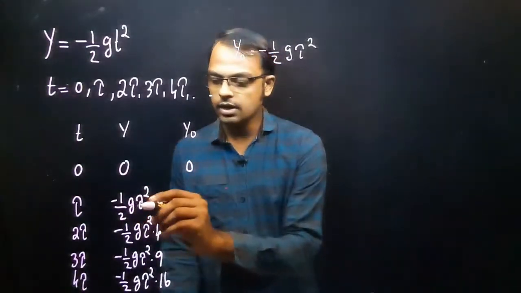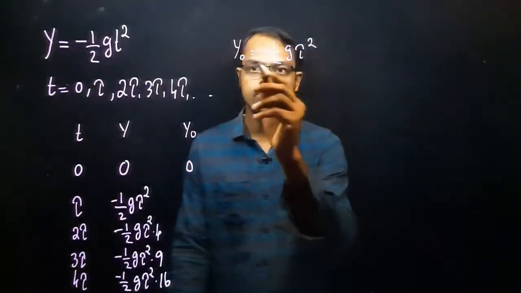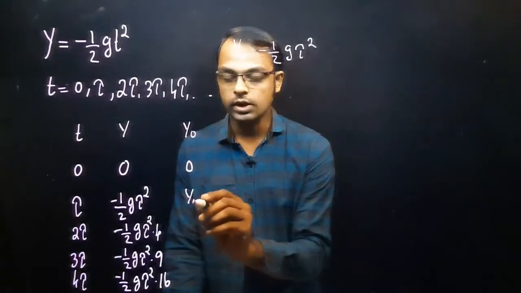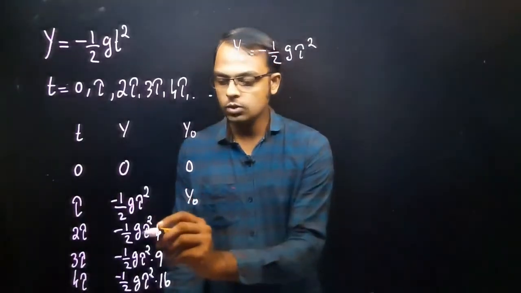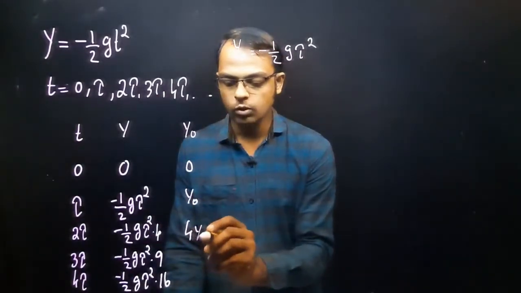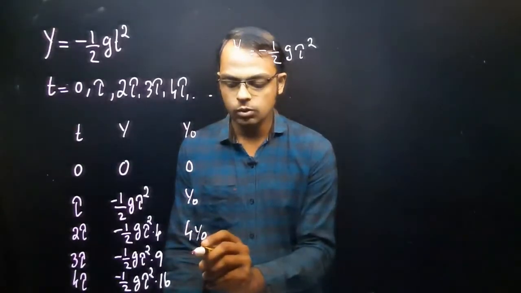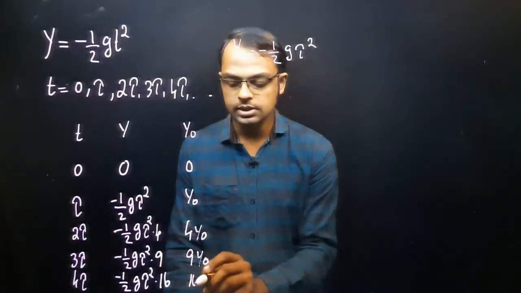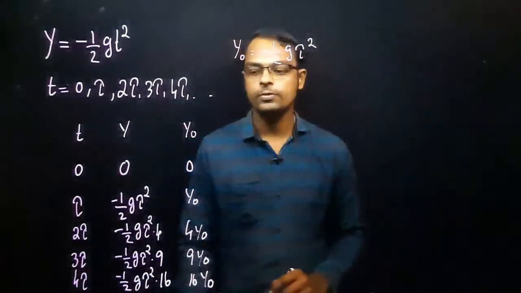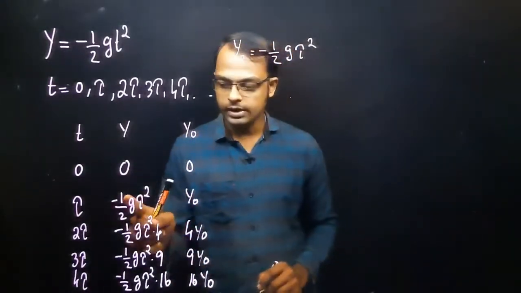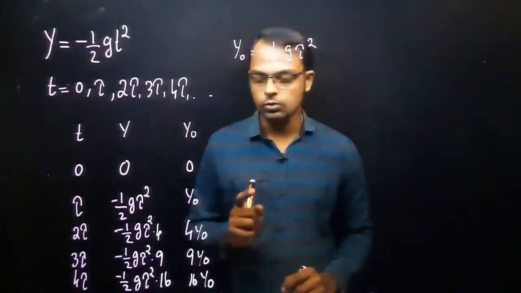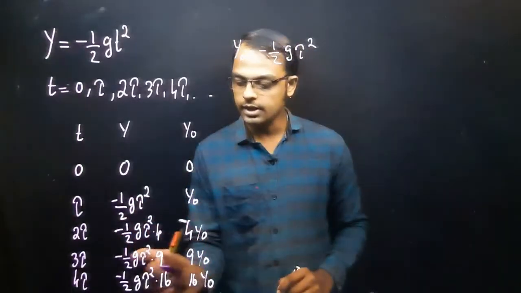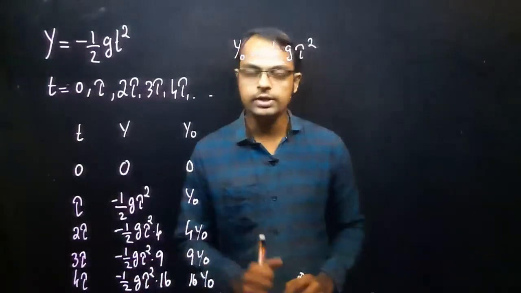Minus half g tau square we have considered as y0, so the next is y0, then 4y0, 9y0, and the last one is 16y0. Minus half g tau square is considered as y0.